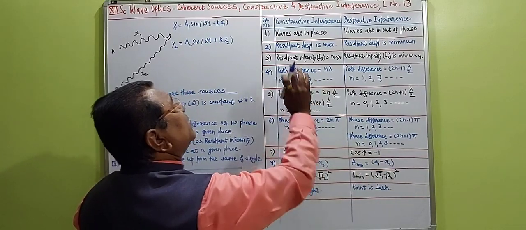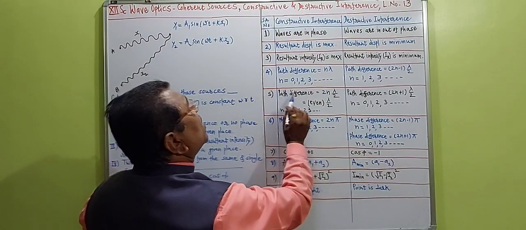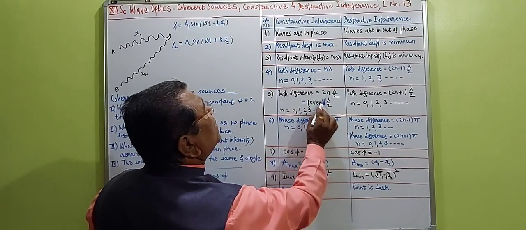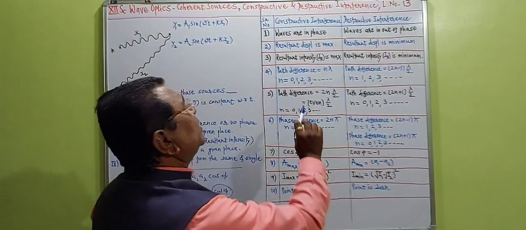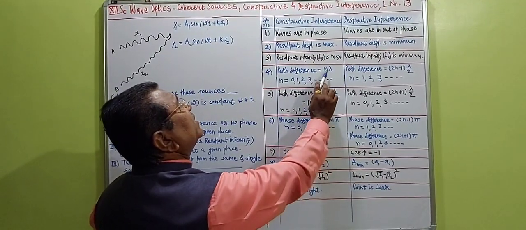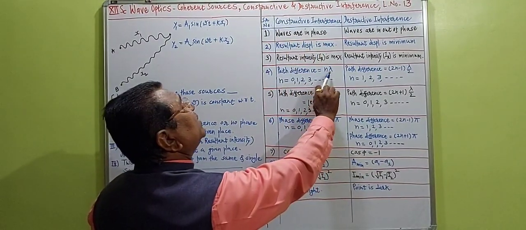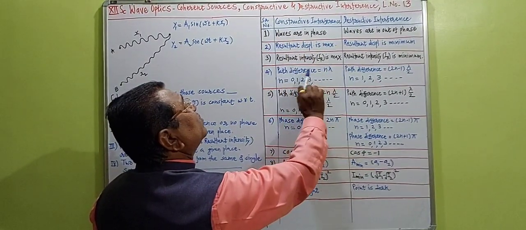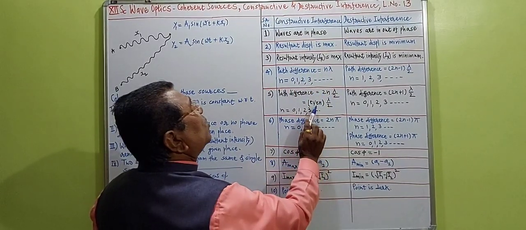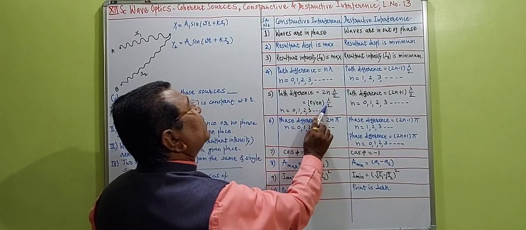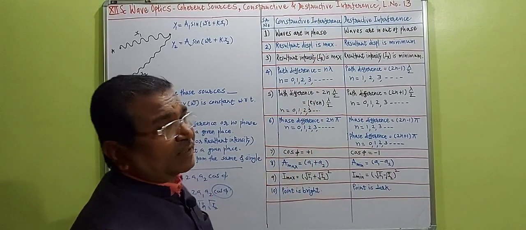So if an MCQ is asked like this, we get constructive interference if the path difference is an even multiple of half the wavelength, then that is also the correct result. I will repeat again: the path difference is either an integral multiple of wavelength lambda or an even multiple of half the wavelength. Then we get a bright point, and we call it constructive interference.